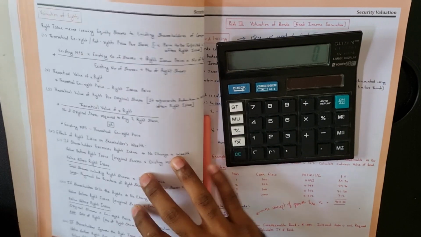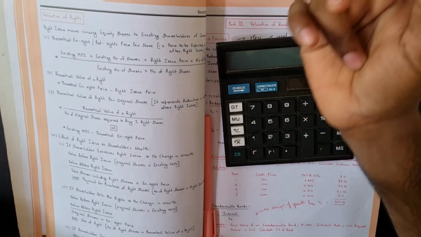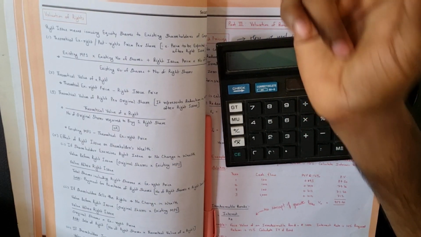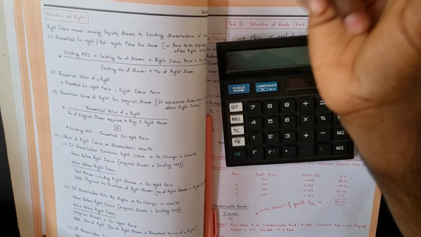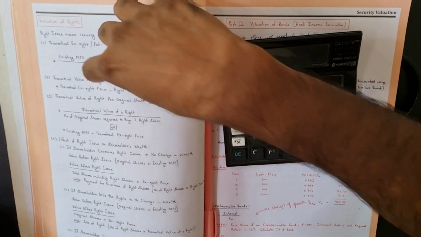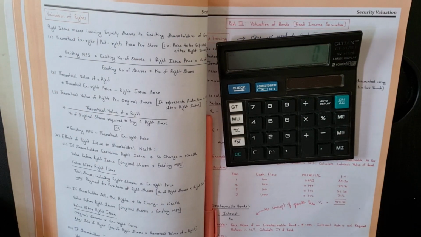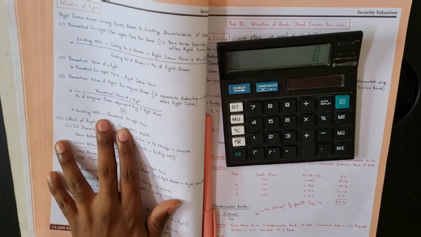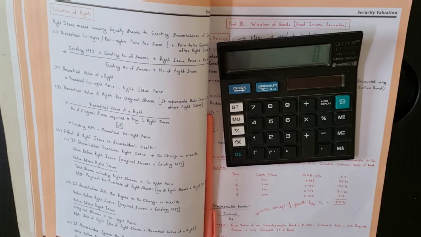We can also do it per share: theoretical value of right divided by number of shares, or existing MPS minus theoretical ex-right price.